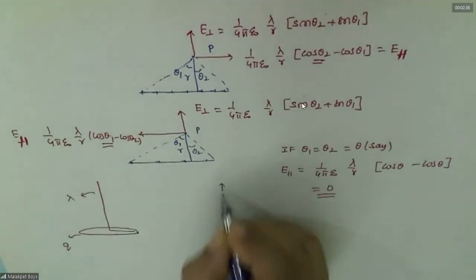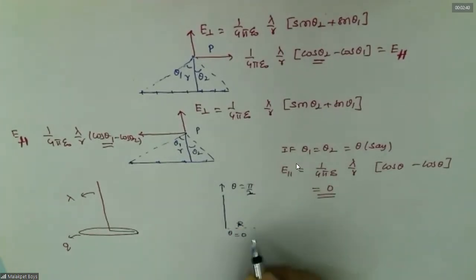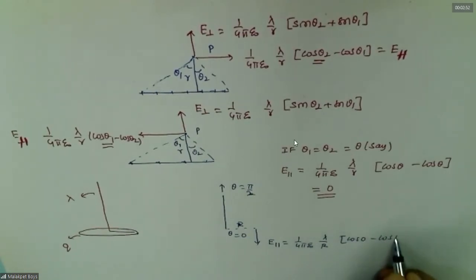The other end is theta equal to pi by 2. Now, if we take it this way, 1 by 4 pi epsilon naught lambda by R, cos 0 minus cos pi by 2. So how much did you get?